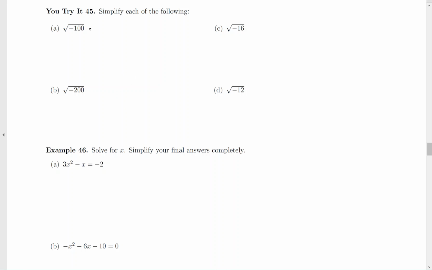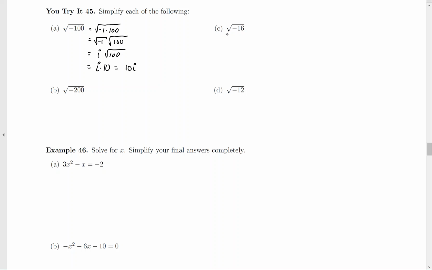I can simplify this to the square root of negative 1 times 100. The square root of negative 1, remember, we can define as i. So this is going to be i times the square root of 100, and the square root of 100 is a perfect square. That's just the number 10. So it's i times 10, or 10i.